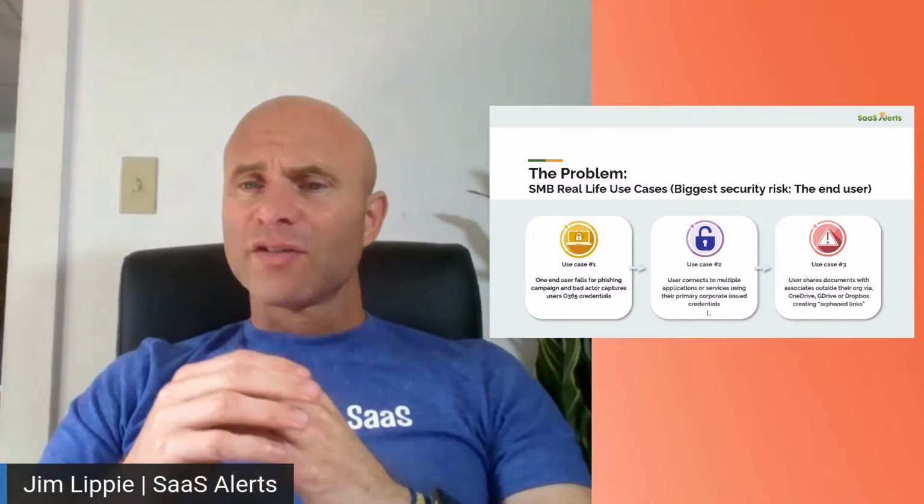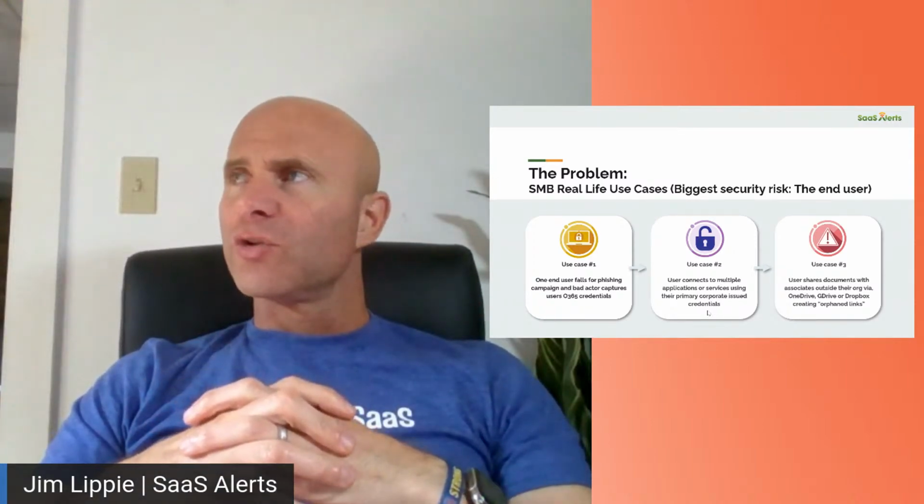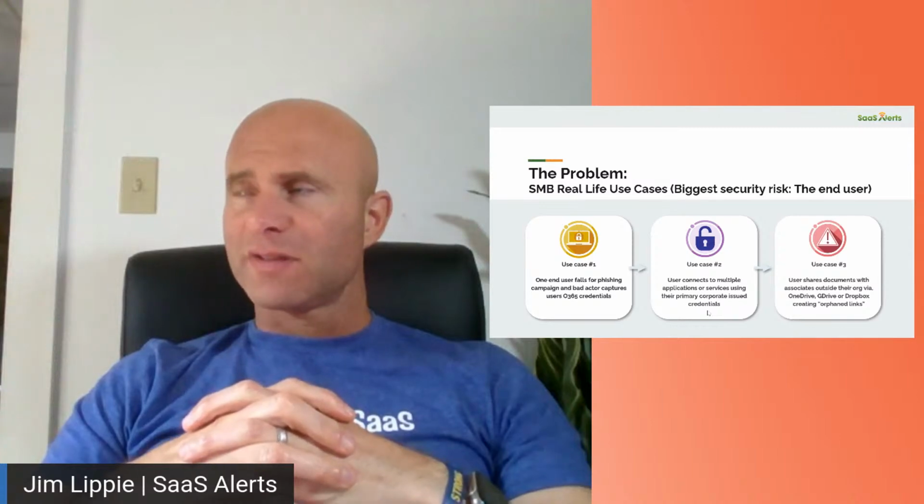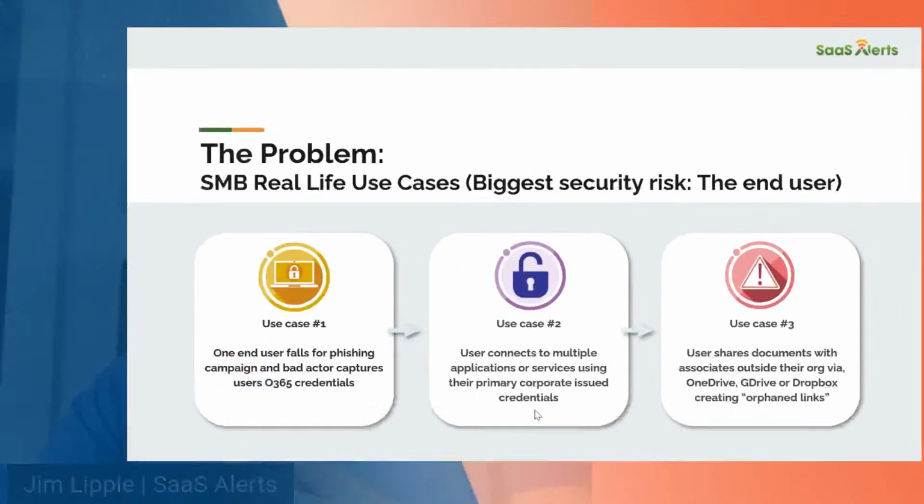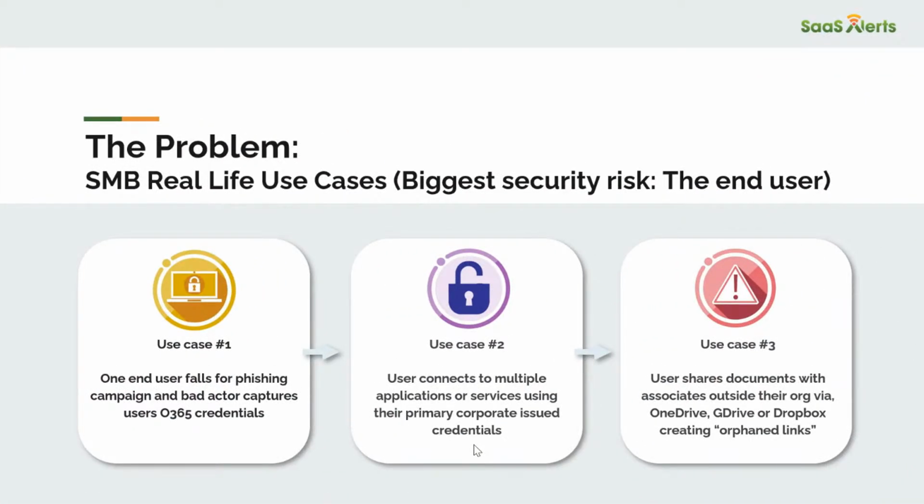And then the third one, which you alluded to off the top, Steve, is orphan links. You've got users out there sharing information back and forth via OneDrive, Dropbox, G Drive, whatever it is, and they're done sharing information with a specific individual at another company.